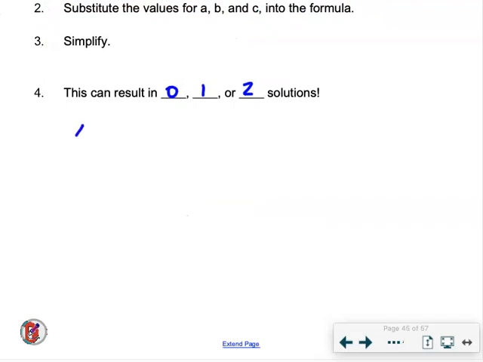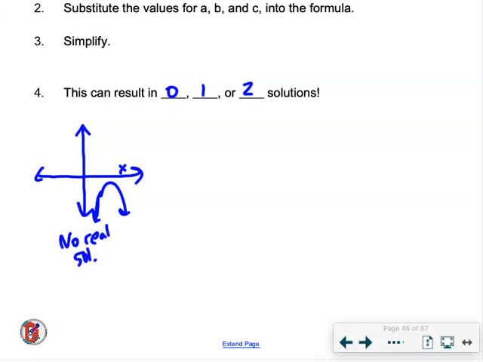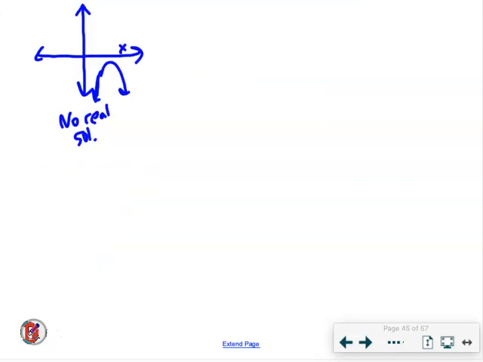So there's times where, remember, we're looking at x-intercepts. There are times where our parabola just never touches the x-axis. So this would be no real solutions. And what that would look like in the quadratic formula is maybe we have like x is equal to, let's just make something up, negative 6 plus or minus the square root.